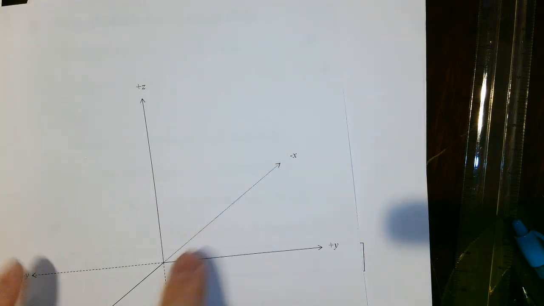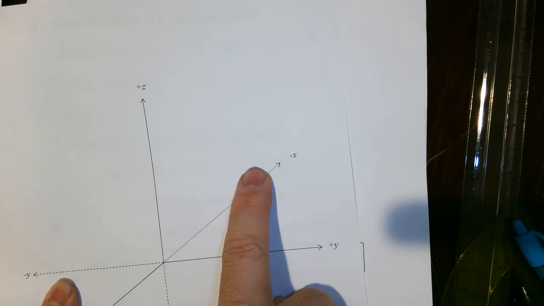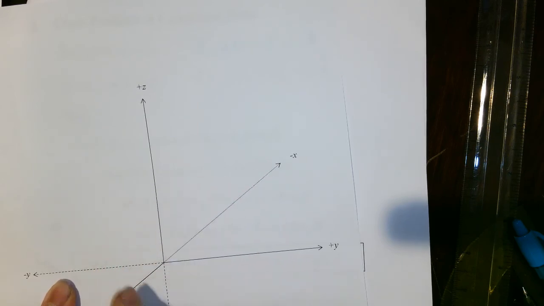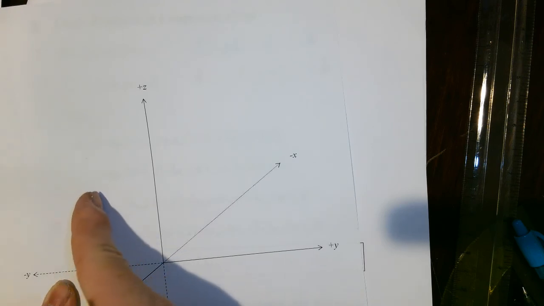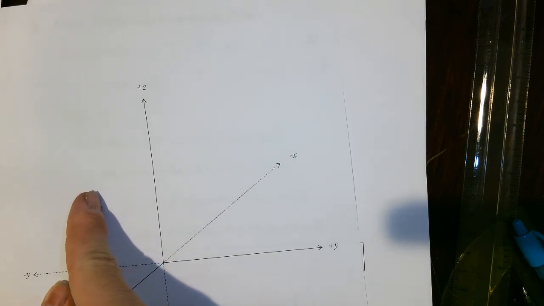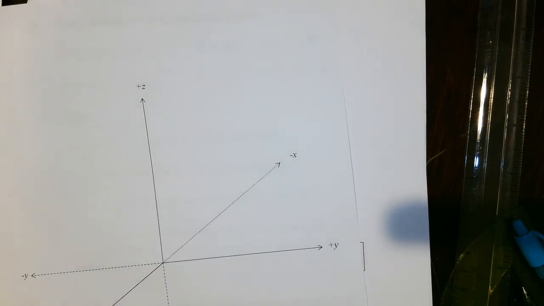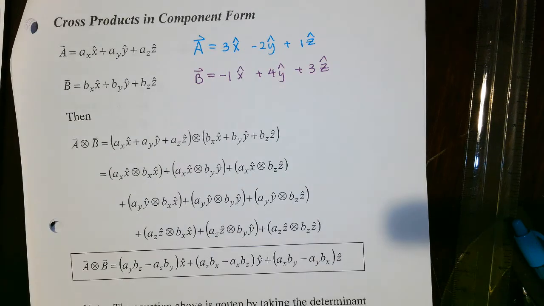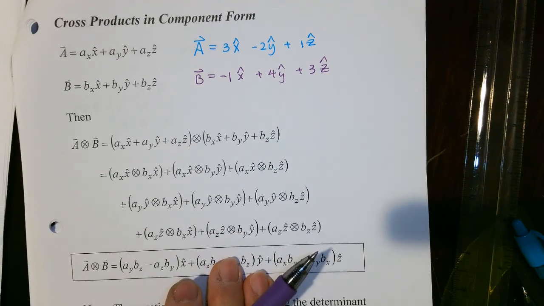So you can cross these two, and then you're going to have one that's going through the page the other way as your cross product, right? Finding the angles will be a disaster unless you use the dot product.